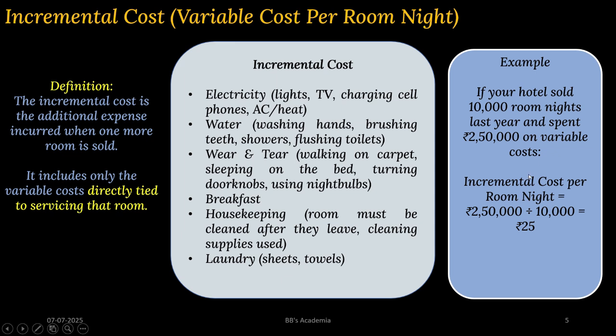Then your incremental cost per room night will be 2 lakhs 50,000 divided by 10,000 room nights, and that comes to rupees 25 only. This is for an example. This means every additional room sold costs rupees 25 to service. That means every time you sell a room, an incremental cost of 25 rupees will be consumed. This is as per this example.